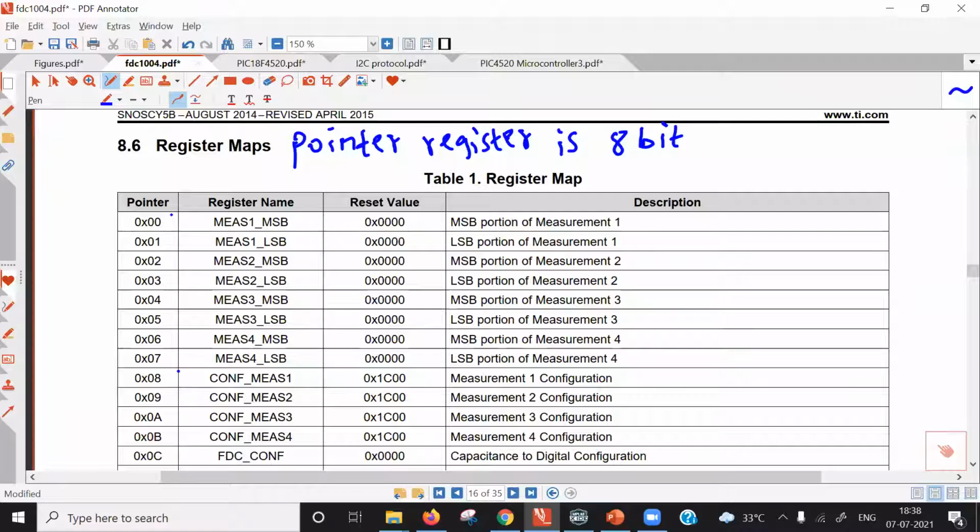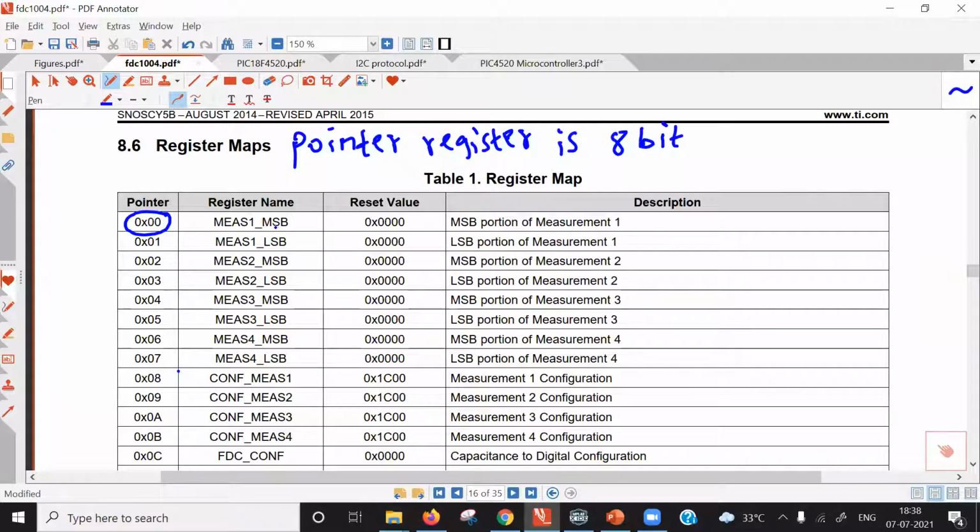Now, what is the purpose of the pointer? Whenever we perform a read or write operation, these operations are with respect to the pointer. For example, if you have loaded the pointer with 0x00 through an I2C write operation, then the next time you perform a write operation, it will be done with respect to the MES1 MSB register.